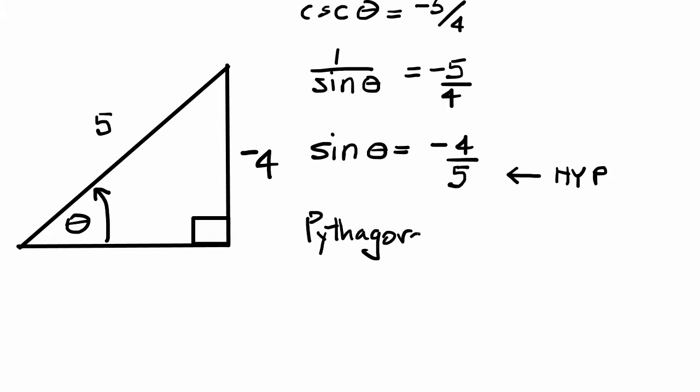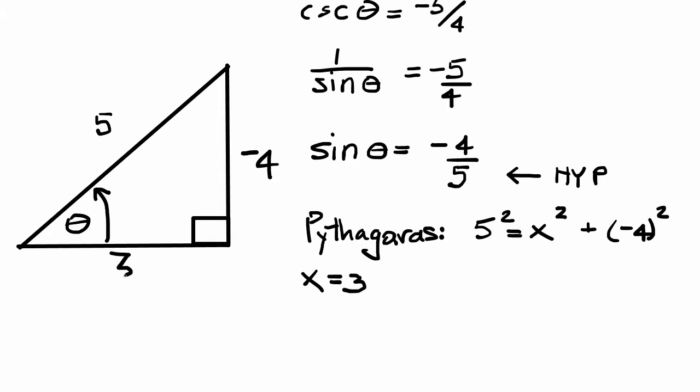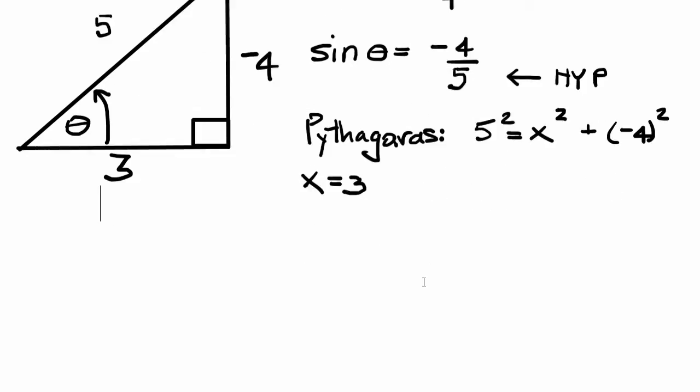So using Pythagoras, we know that 5 squared equals x squared plus minus 4 squared, and that's going to tell me that x equals 3 by the time I'm done. And I know that x is positive because I know the x value is positive in Q4 and the y value here is negative in Q4.